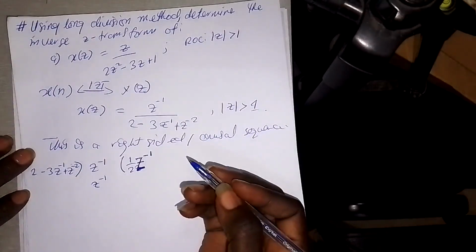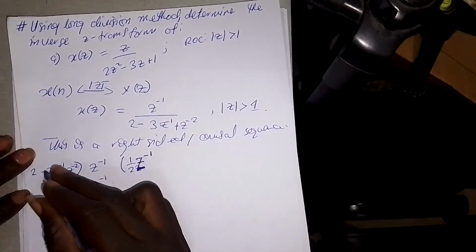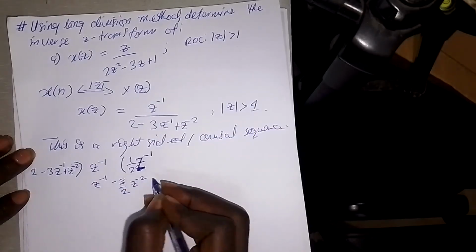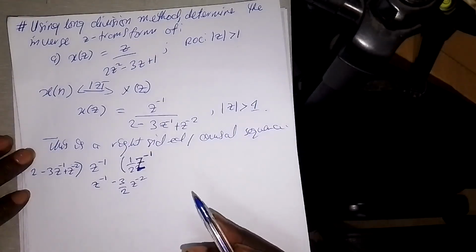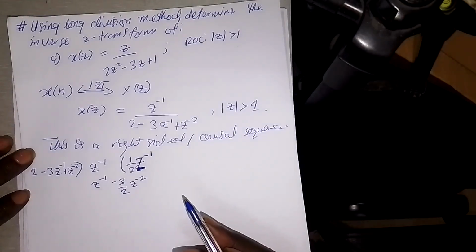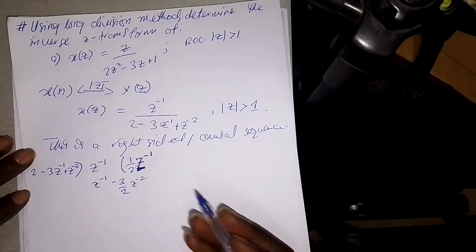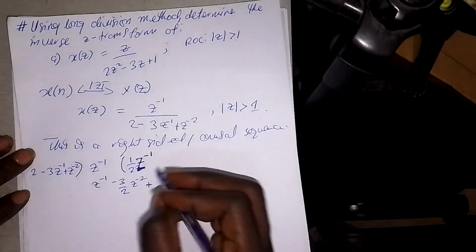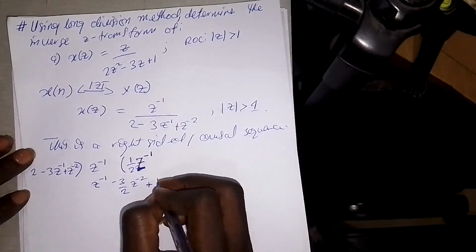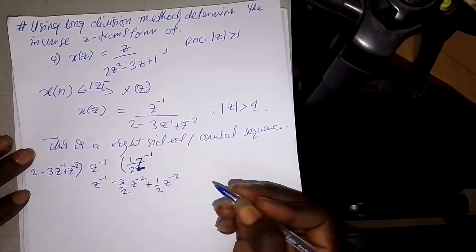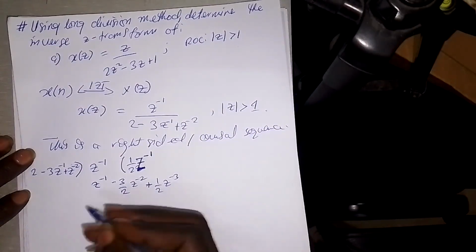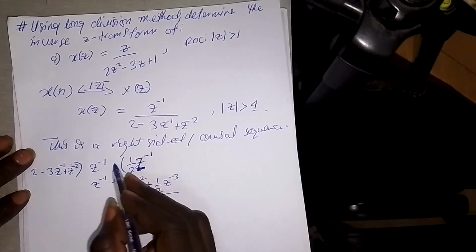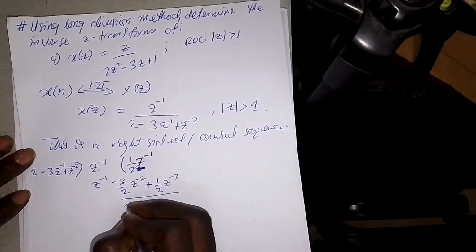But it's going to be negative, so because of this negative, I'll get minus 3 over 2 into z exponent minus 2. Then this time I'll get 1 over 2 into z exponent minus 3, plus, because here is plus. So that is what I'm going to get. Then I'll do my subtraction. Here will be 0. Then 0 minus minus 3 over 2 will be positive 3 over 2.